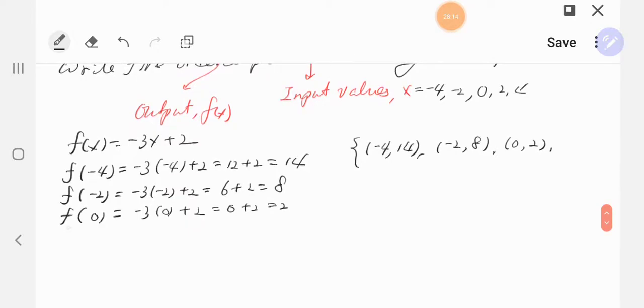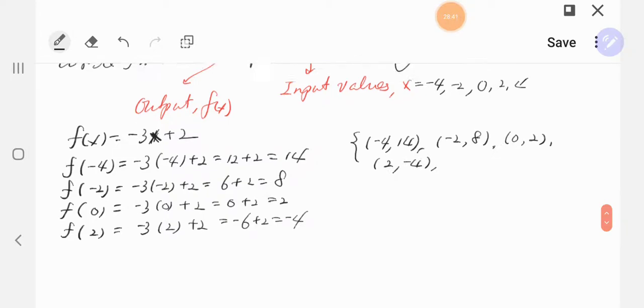Let's find the fourth one. The input is 2. Then the output will be -3 times 2 plus 2. What we do is replace the variable x with the given input value. So that is -6 plus 2, which is -4. So when x equals 2, y is -4.